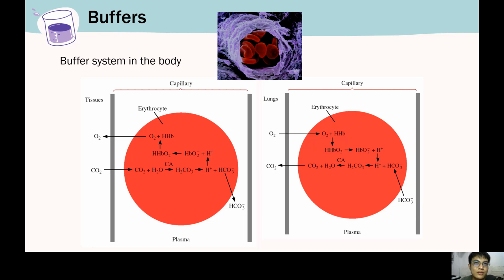Okay? So sometimes there are cases wherein you get what is called acidosis. That means the pH of your blood is very low, and it could actually cause harm to your body.